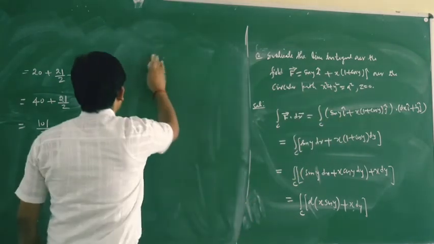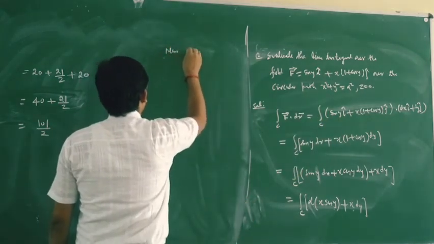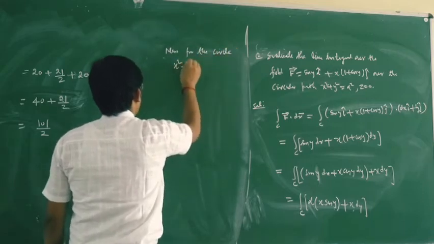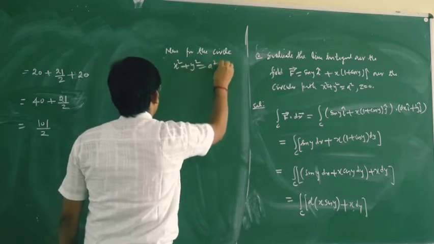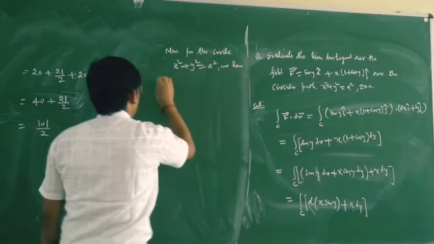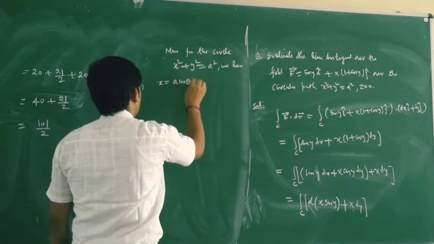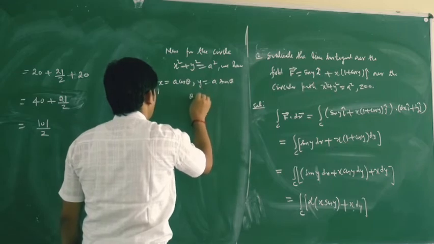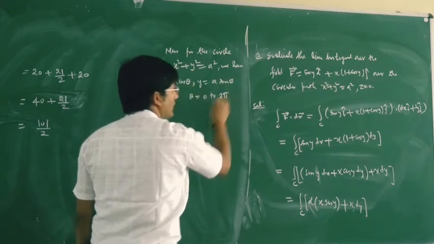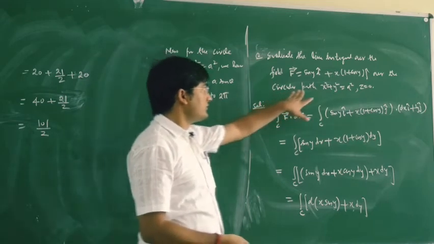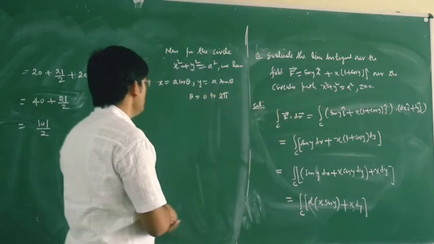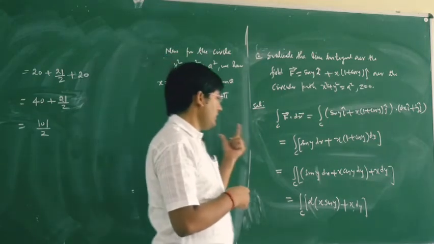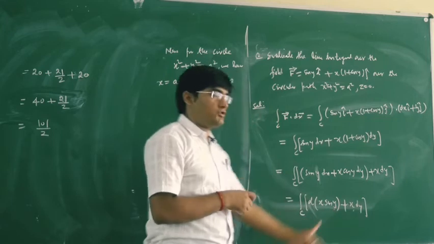So now for the circle x squared plus y squared equal to a squared, we have x equal to a cos theta, y equal to a sin theta, and your theta will be from 0 to 2 pi. As we have to evaluate the line integral over the whole circular path, so our theta will move from 0 to 2 pi. So just put the values of x, y and dy in this integral.